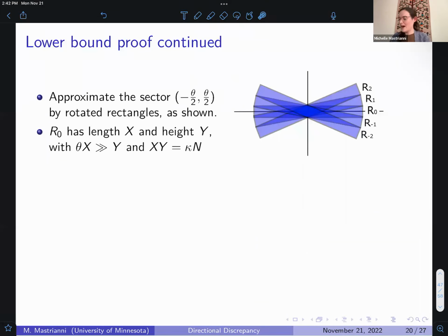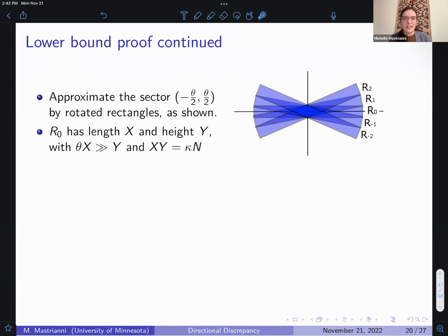So this is the sector with nice Fourier decay of C to the -3, and we're going to approximate that sector by rotated rectangles. This is not to be confused with the rectangles in your class of rotated rectangles. We're in Fourier space here.